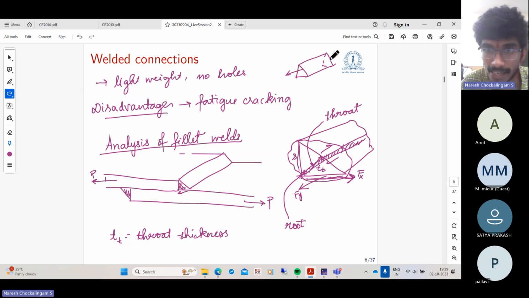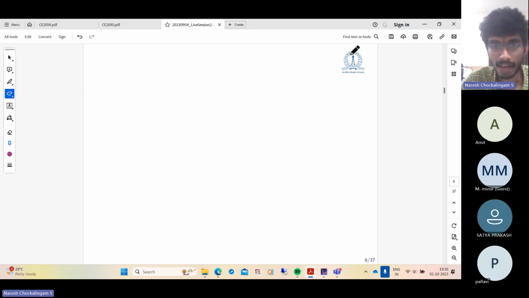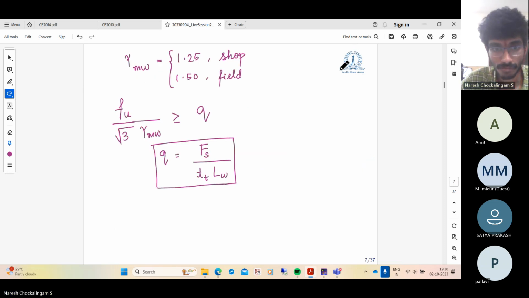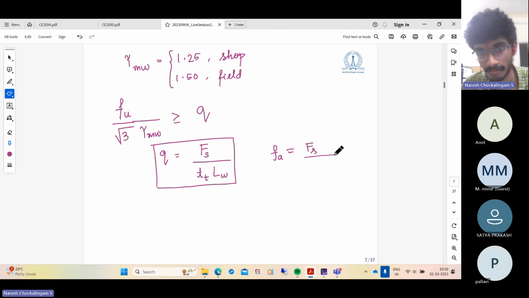So this is not acting at the interface. This is some tension like this. You can have tension acting along the weld. So let that tensile stress be Fa. Again, Fa, this tensile stress acting on the weld is also given as F by the corresponding area.